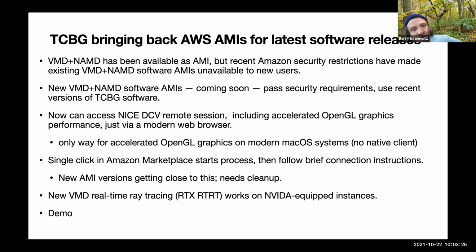So only people who had already been using them and were comfortable with the increasing security problems that running them in the Amazon cloud and not being properly updated would bring. So now we have new versions of them coming soon to bring back this ability with a little bit extra. They pass the security requirements, and of course they use our recent versions of our software.